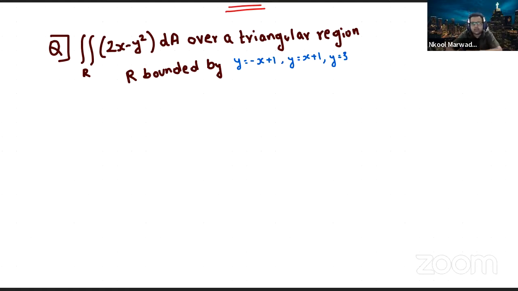The first thing is that we have to analyze the region in such questions.